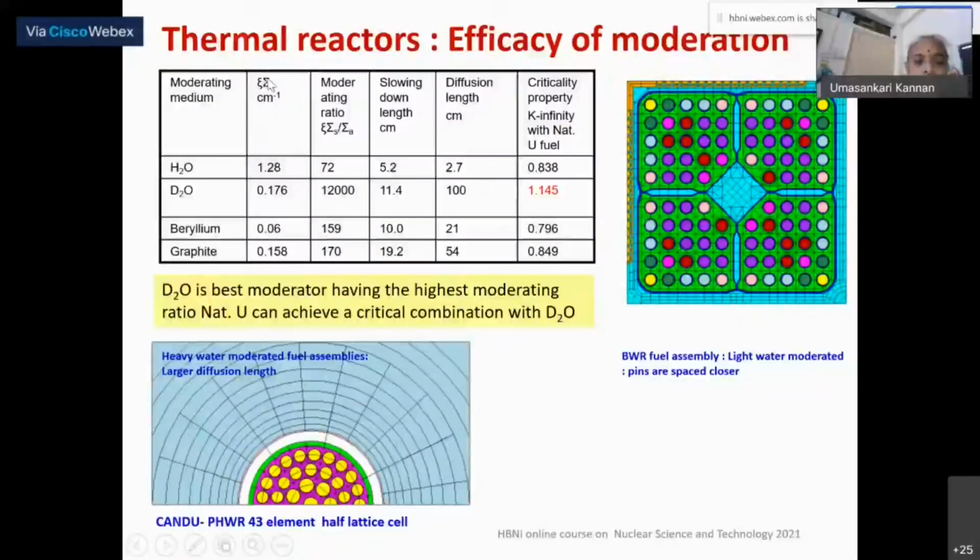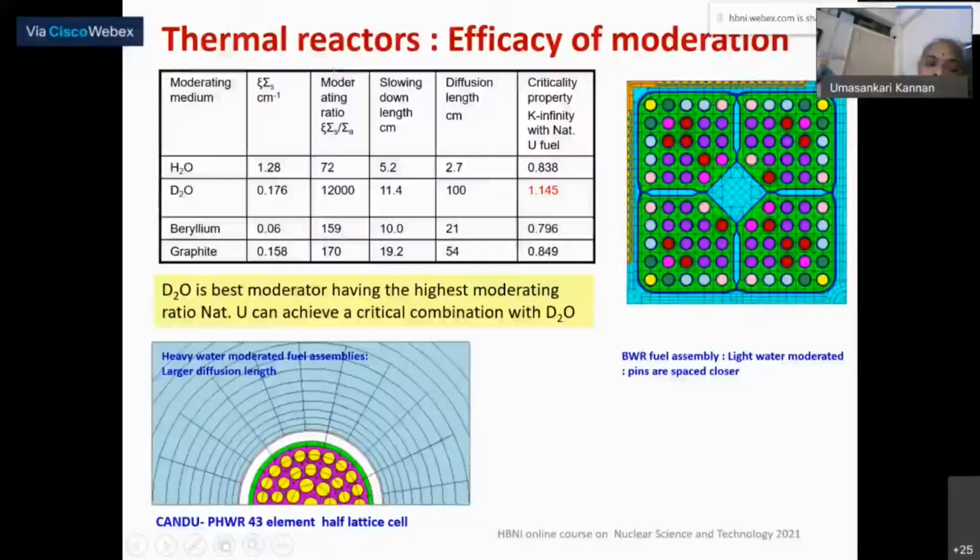These are all dependent upon the cross sections at thermal energies and so on, and you can easily calculate them. For one particular energy I have calculated, which is the 2200 meters per second cross section, and I get a number of 1.28. Similarly, we define another thing. This alone is not sufficient to say which is a good moderator.